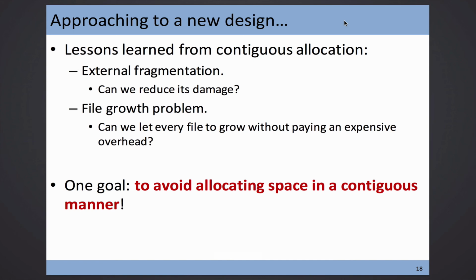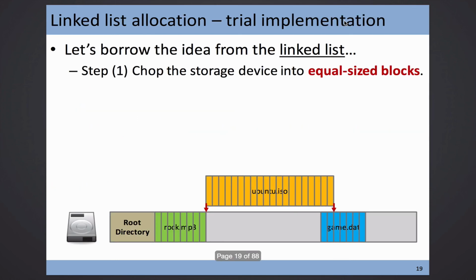We try to reverse the game. The game already talked about in continuous allocation is to allocate things continuously. Now I say no, it is not a requirement. So what is the linked list? First of all, we won't break the file into two parts at a random location.